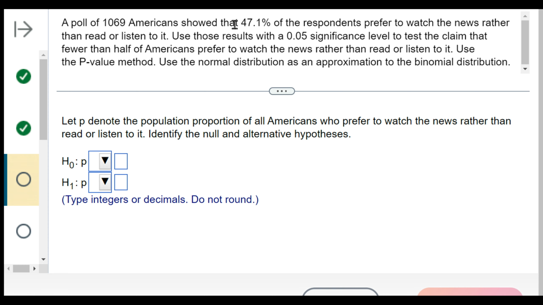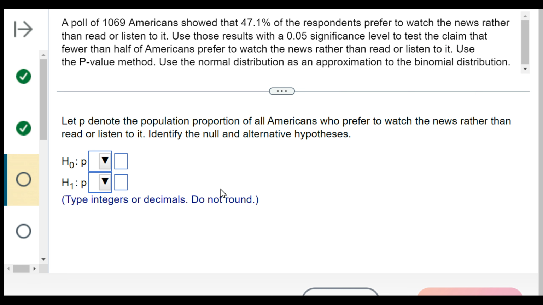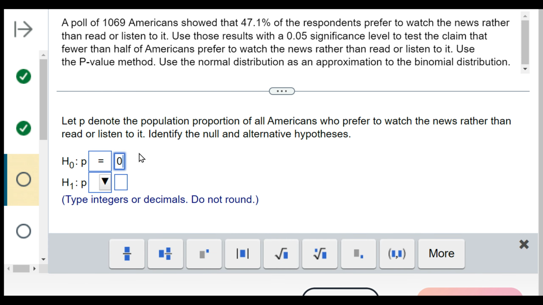Now, if I was doing this by hand, I would have everything I need to get the problem done, but they've used this number that they've said that 47.1% of this many Americans want to watch the news. And I'm testing the claim that less than half prefer to watch the news. Okay, so it'll be that this is equal to a half, or that it's less than a half.